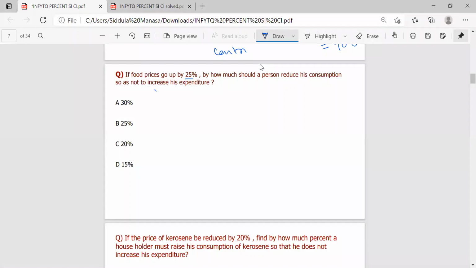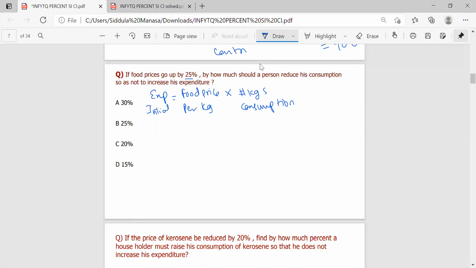So your expenditure will be based upon two factors: food price per kg into number of kgs consumption. This is the initial expenditure.